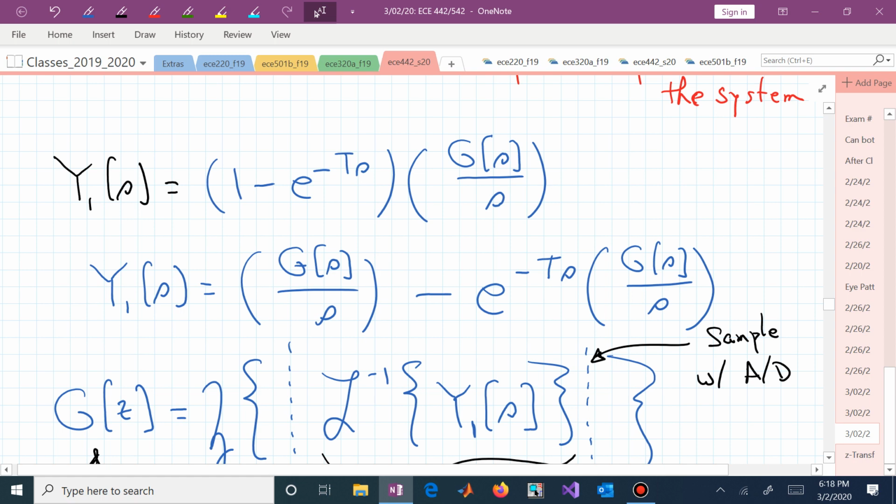That's the notational convenience that I'm suggesting you believe or buy or accept in this process.